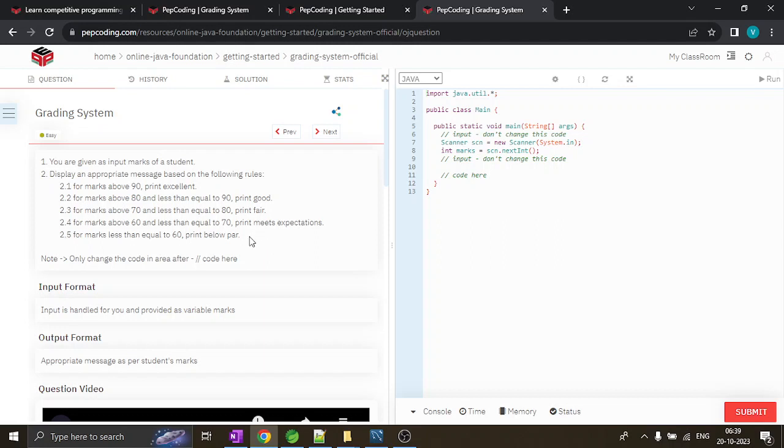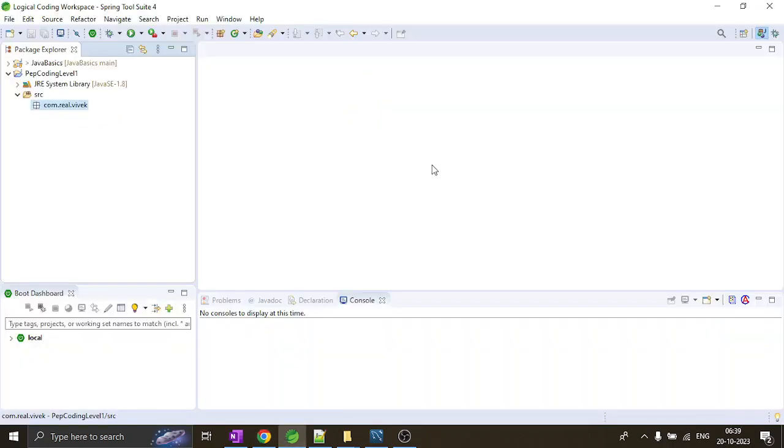We will try to solve this problem using if else statements, and we will also have else if statements to give these additional conditions. Okay. So let's start with the coding part.